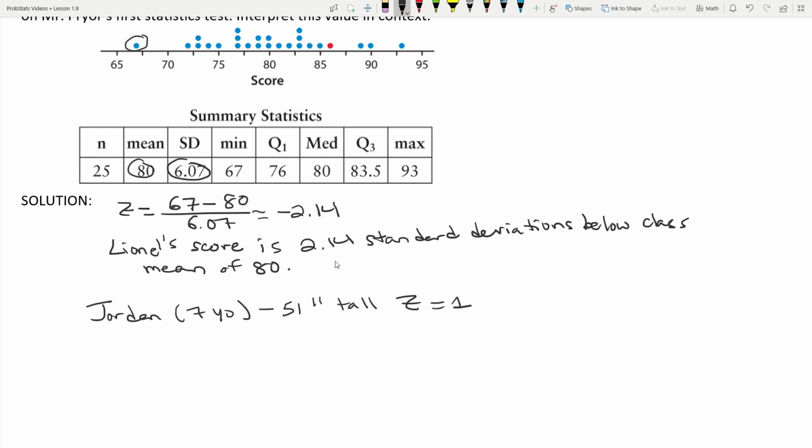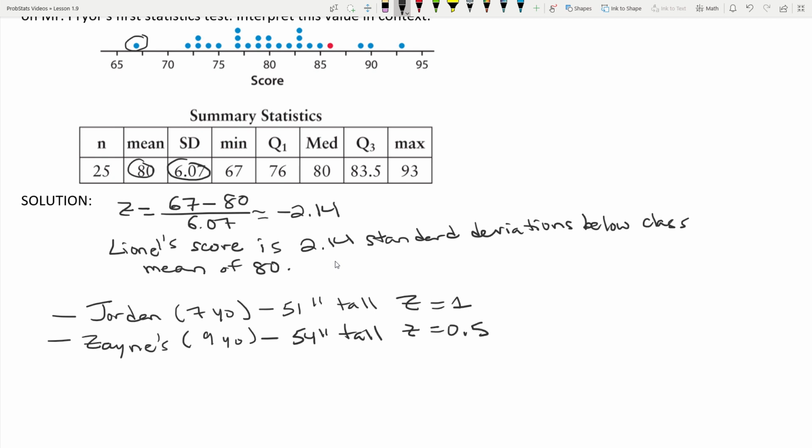And then you have, for example, Zane. He's 9 years old, and he's 54 inches tall. And let's say his z-score is 0.5.